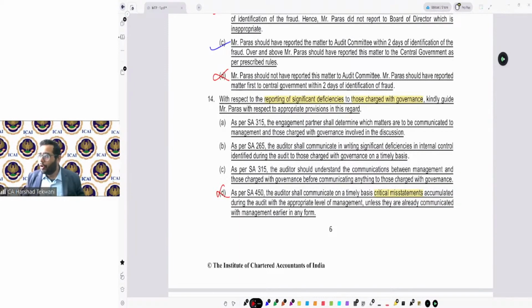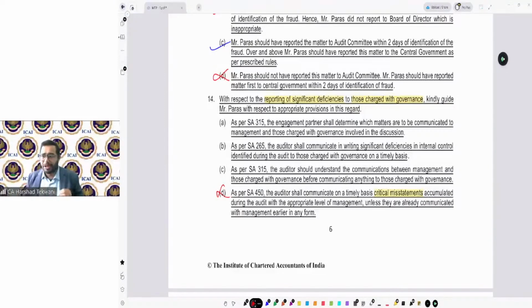It talks about understanding the risk of material misstatement through understanding the entity, its environment, the internal controls and other aspects of the business. And by the title itself, 265 deals with the communication to those charged with governance in case of deficiencies in internal control.